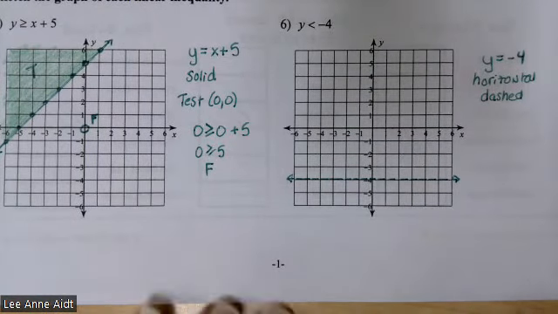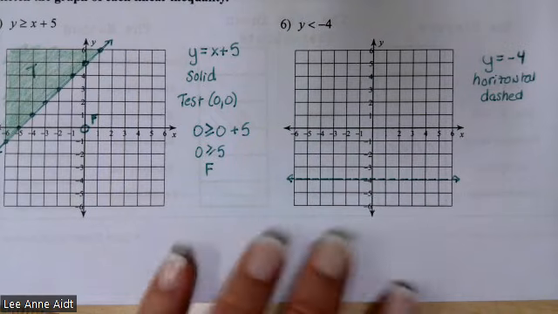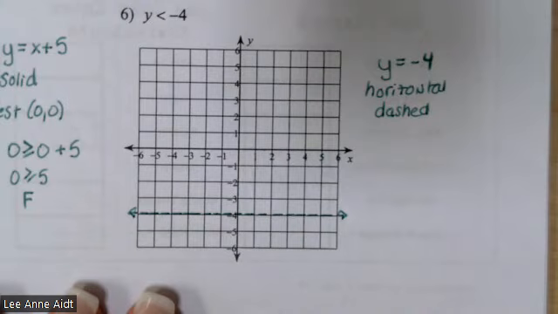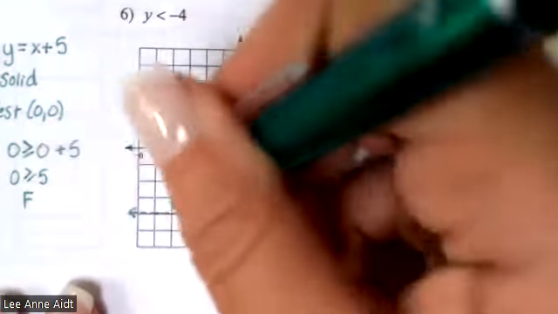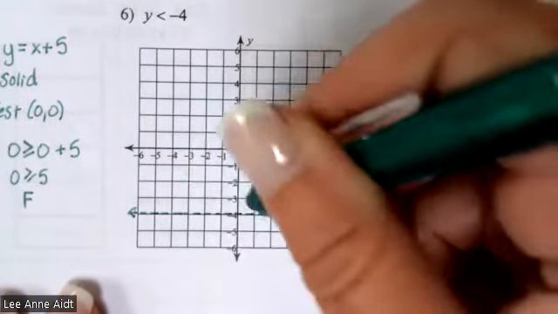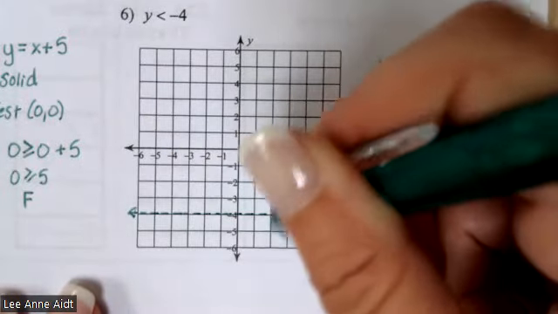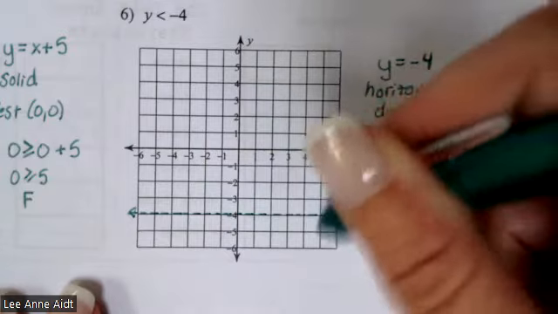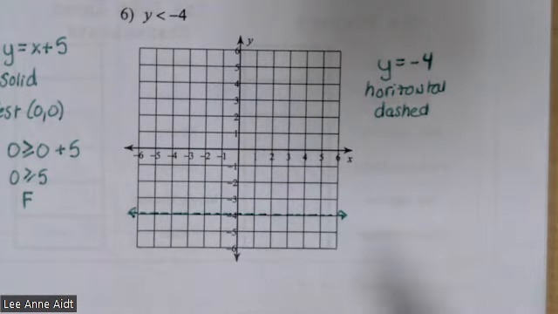Oh, it doesn't even look dashed. I swear to you, it's dashed. It is. It just so happens that this is a zero slope, so x is zero. This is one of the special case ones.